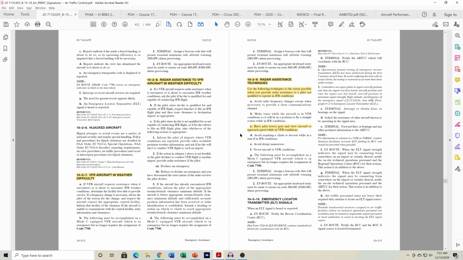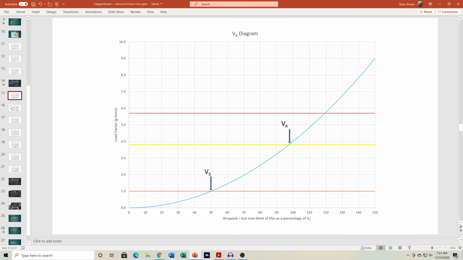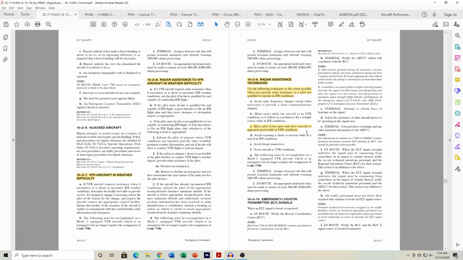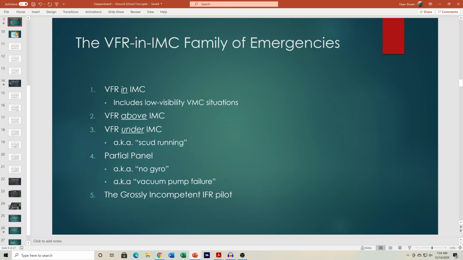So the slowing of the aircraft is part of what I'm talking about in terms of getting an airplane slowed from whatever the cruise speed is down towards what I'm calling the IMC safety speed, which is somewhere ballpark in here. The basic idea: I'm on board absolutely with slowing the aircraft, and I would prefer to do it in VFR conditions, but that's not always the case. So with this in mind, whether it's slowing to approach speed or to what I'm calling that proposed IMC safety speed, let's think about when we would do this, as a function of those three categories of emergencies.